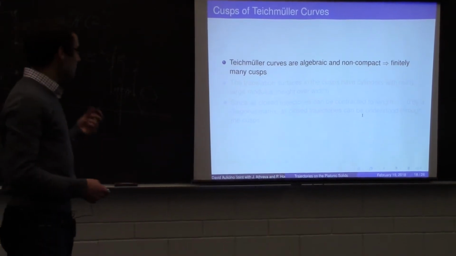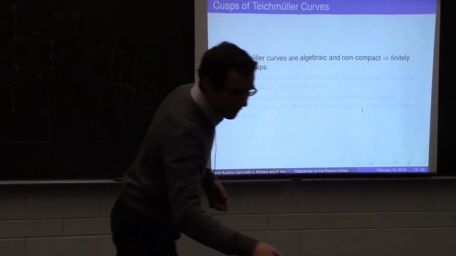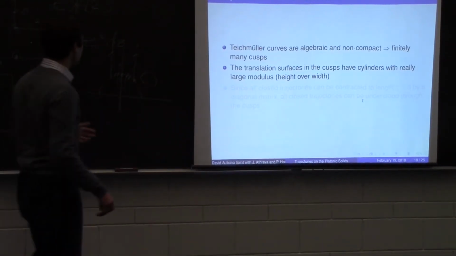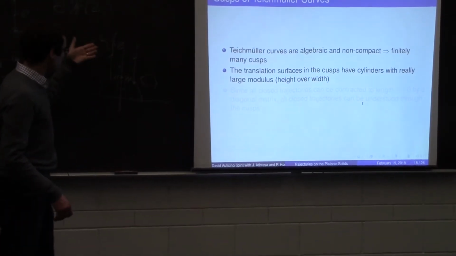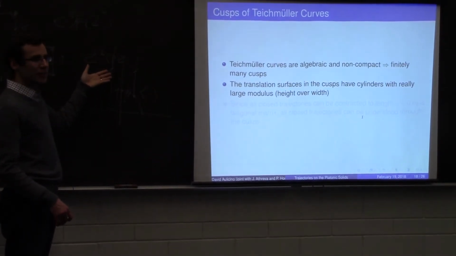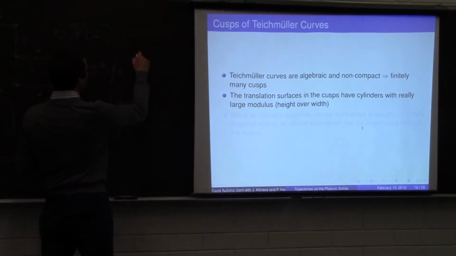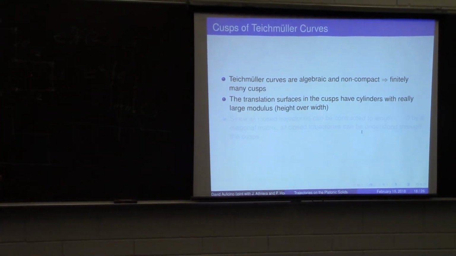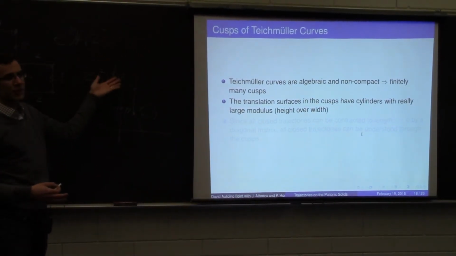And so now, let's see what happens for these cusps. Remember, the Teichmüller curve is a parameter space for our translation surface. So anytime we take a point, even if it's all the way up here, this is going to correspond to some, in this case, a torus.